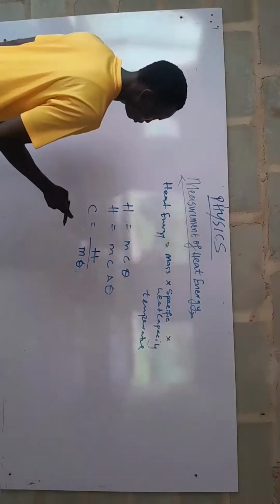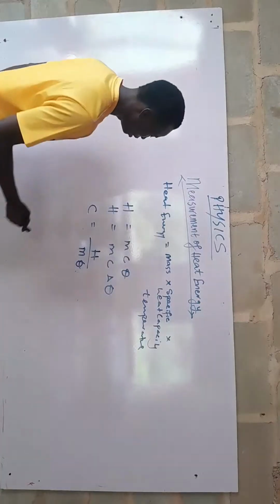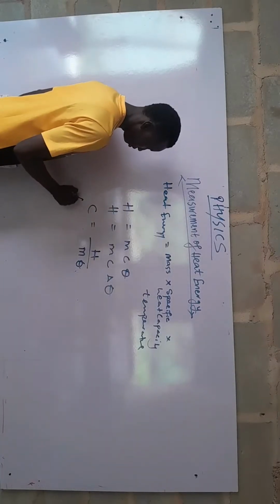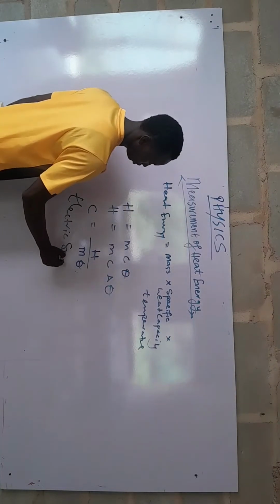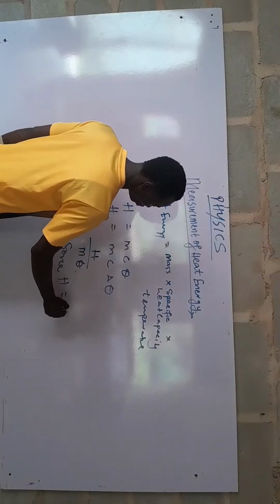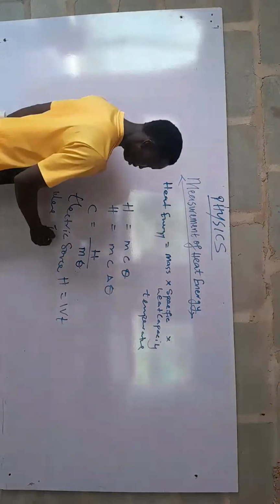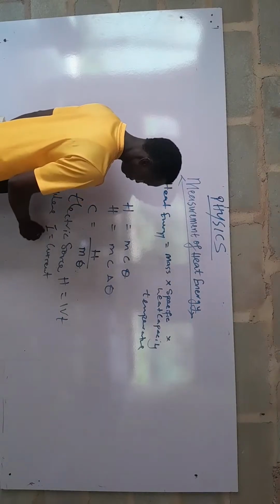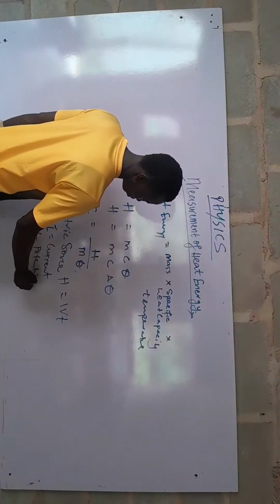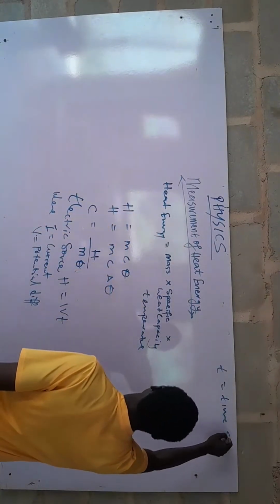But there is something I want to add. This formula is equivalent to, if you are using an electric source, that is, the energy is coming from electrical energy, then H equals IVT, where I represents the current, V represents the voltage, that is the potential difference, and T represents time in seconds.